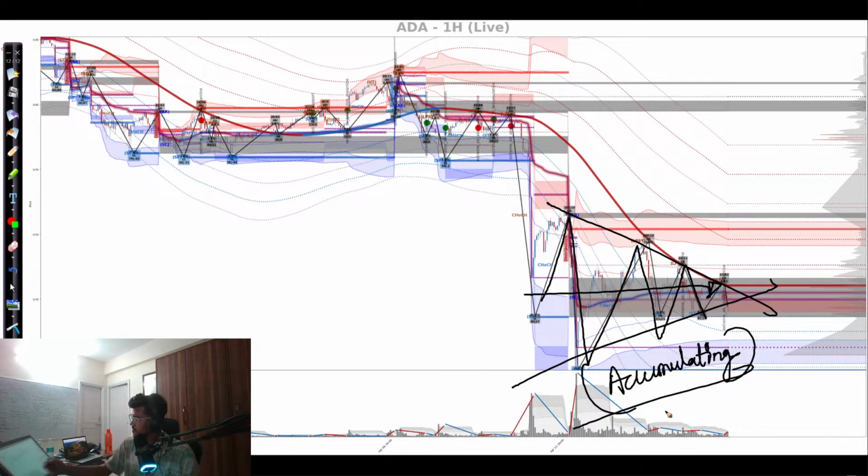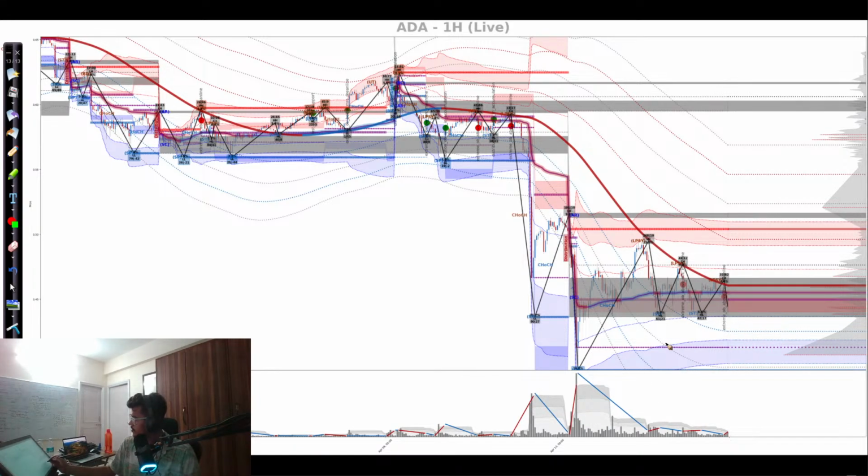Now what's gonna happen? Here the trade setup shows a short trade. So we can take a short trade and see how it goes. But if you are a conservative trader, wait for the market to go down, come back up around here, and then take a short there.